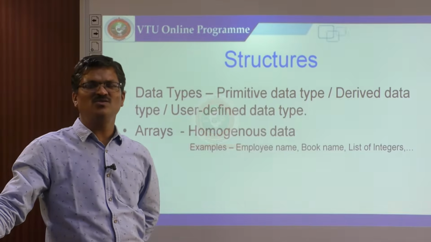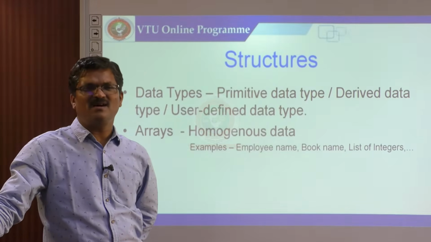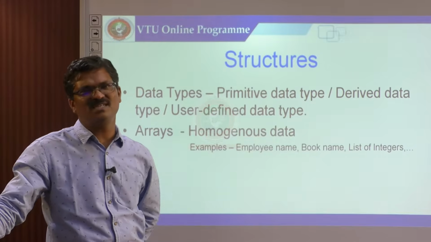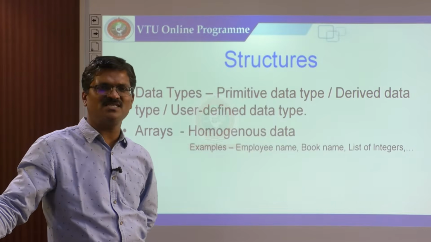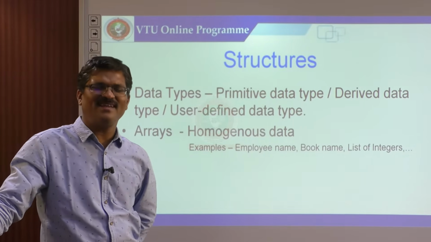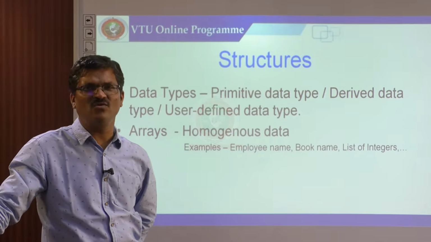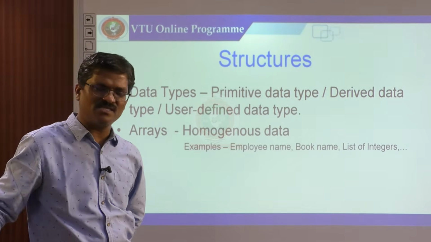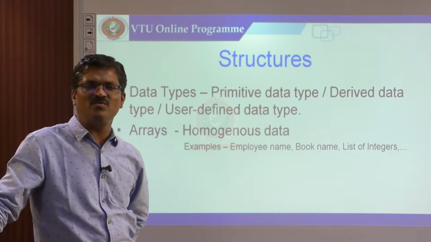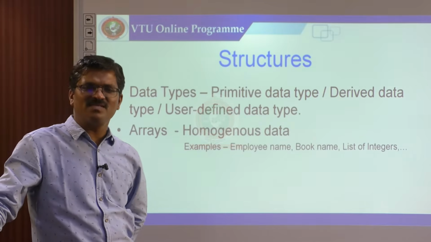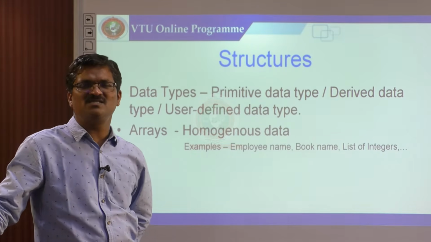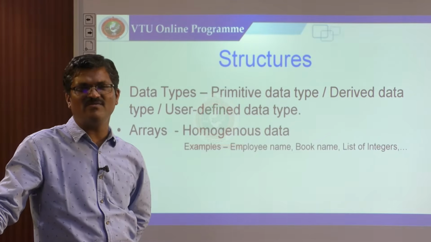As all of us know, arrays are a derived data type, derived using either integers or strings, but usually arrays are used for storing homogeneous data, maybe the name of a person, the name of a book, or names of cities, or a set of integers, or a set of real values.